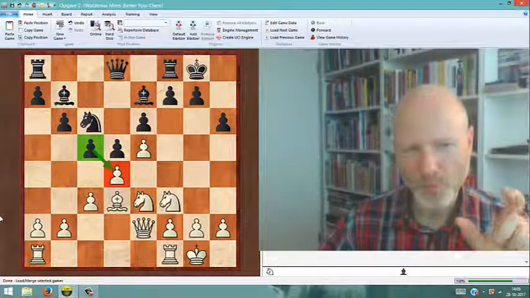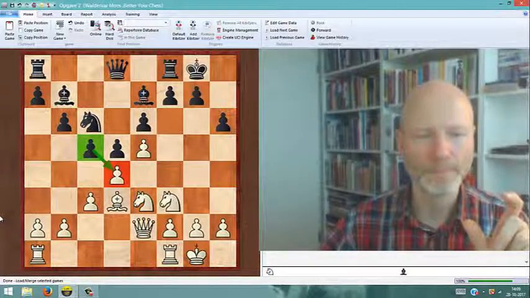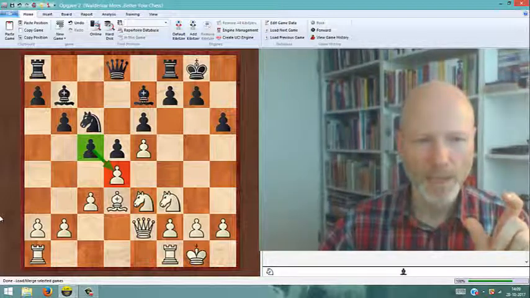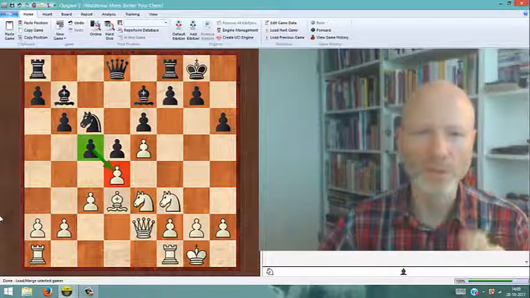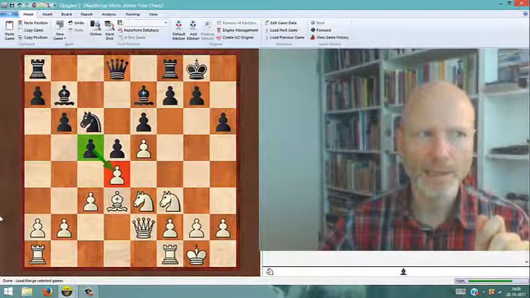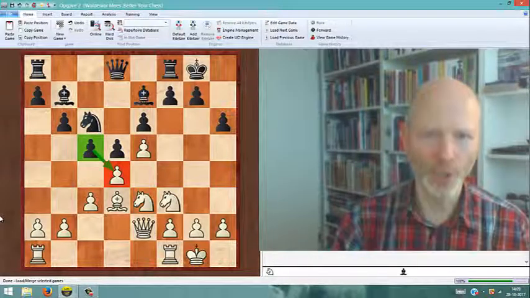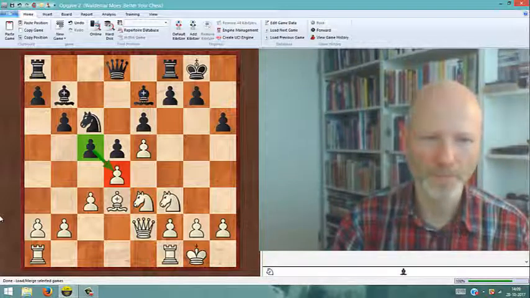So this pressure is also in black's favor. And since it is in his favor, he can decide whenever he wants to take on d4 and materialize the pressure on d4.